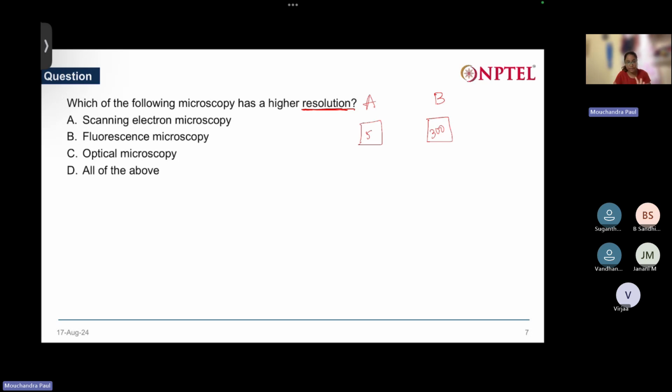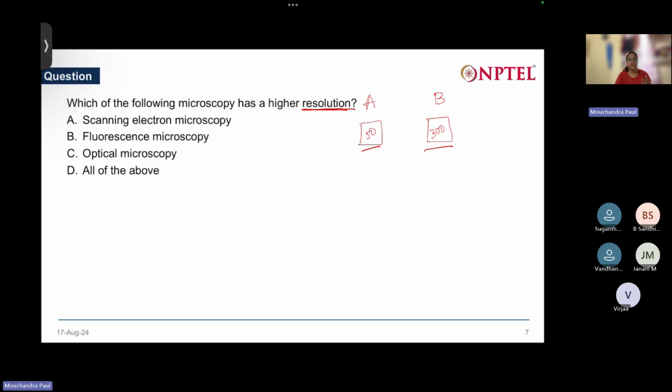So when it was magnified, the image was less clear, it was blurred. Its resolution is not as good as the resolution of image B.